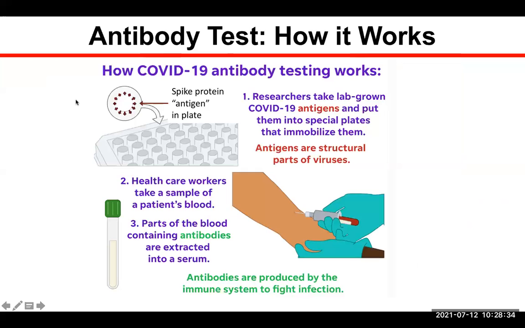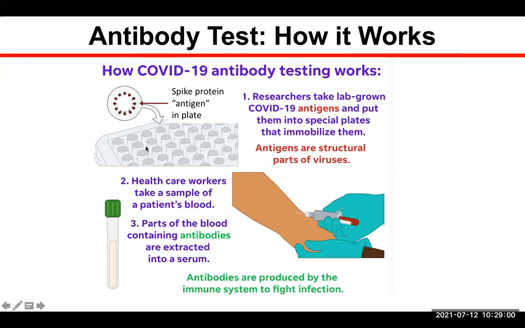So here's how this antibody test works. Again, it's pretty long, and it's usually a matter of hours before you can actually get the results. What researchers will do is make actual COVID antigen, so pieces of the viral protein, and then put it onto these things called plates.